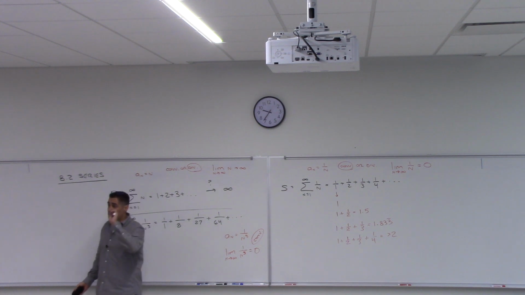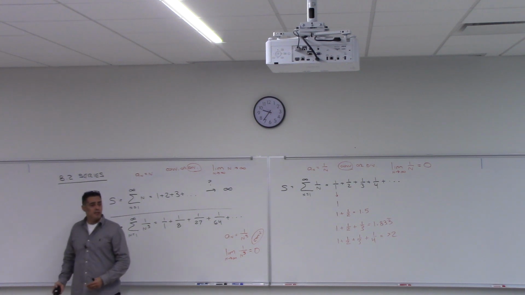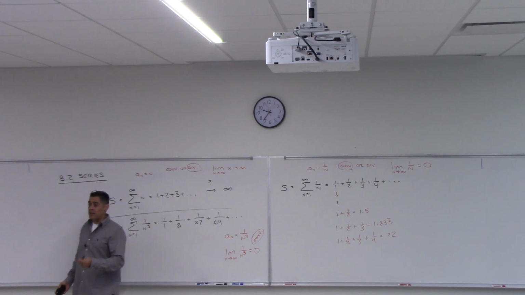Okay, now here's the big thing, the big connection you have to make. S sub 1, S sub 2, S sub 3, S sub 4, those are just numbers, aren't they? S sub 1 is some number, right? It's actually just a sub 1. But what's S sub 2? It's the first 2 added up. Is that going to be a number? Yes. S sub 3 is the first 3 added up.